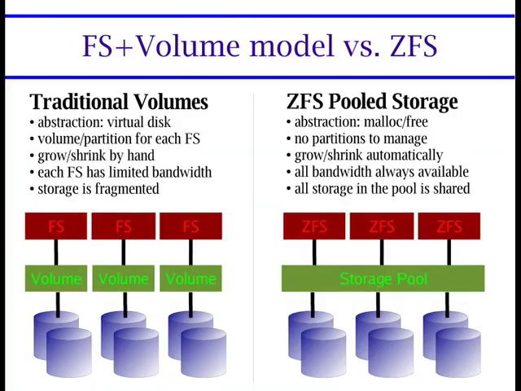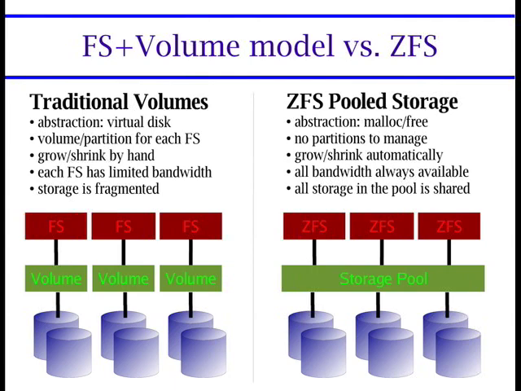Okay, this is how the traditional file system and volume model looks compared to ZFS. As you can see, you create some volumes on top of selected disks and you put file system on the volume itself. So as you can see on the left side, you don't share all the disk bandwidth.